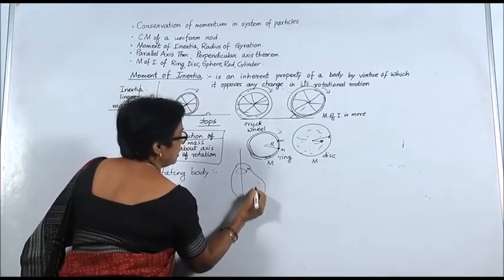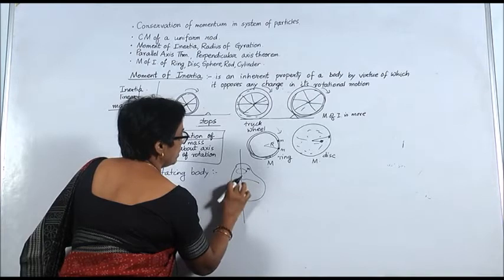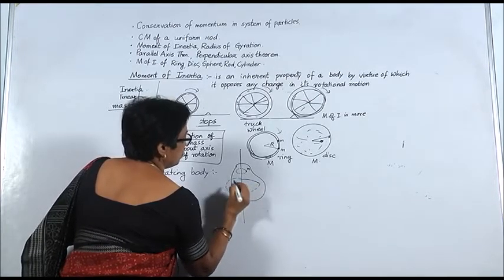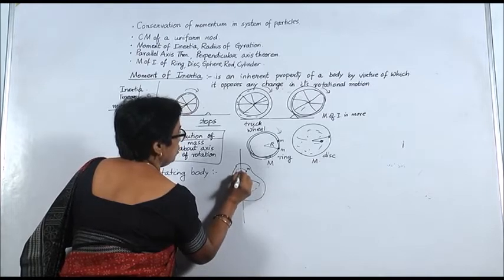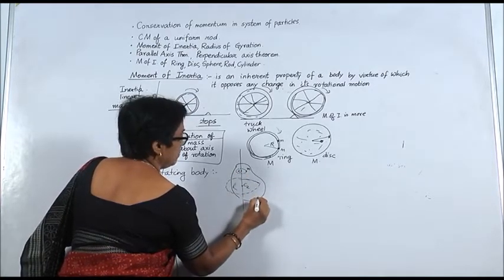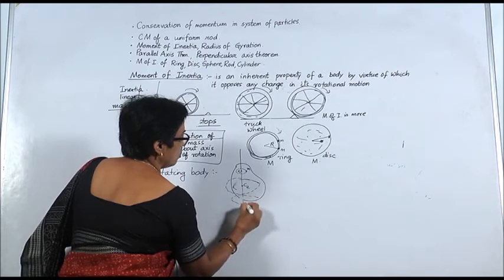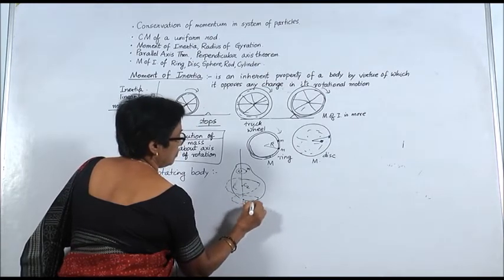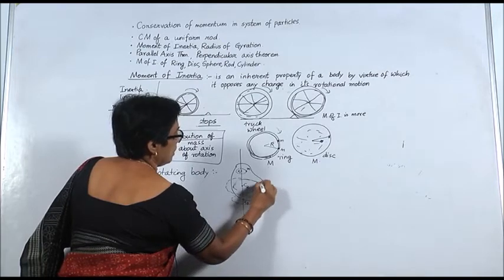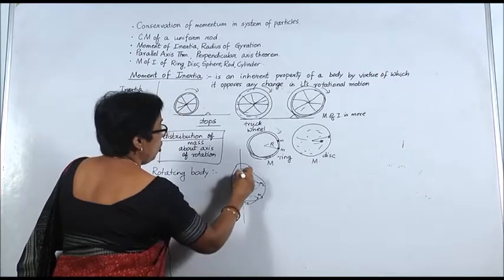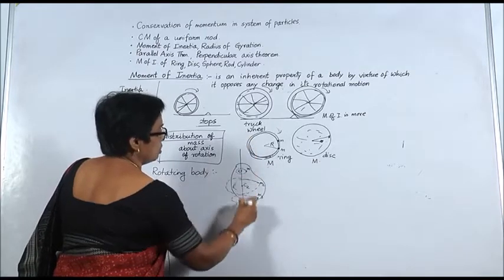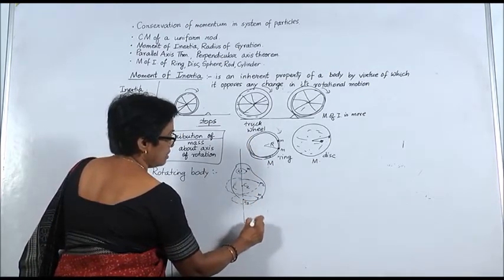If I take a mass here, it will also move in another circle. The center of this is, let us say, C2, the center of this is C1, and if I take this mass, it is also rotating about center C3. These are the three masses I have considered. The axis passes through all these centers. So, that is called our axis of rotation.